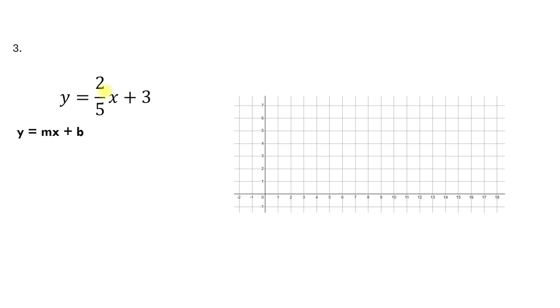Here we're given y equals 2/5 x plus 3. Using our y equals mx plus b formula, our b value is 3. So we can plot that, put that right as the y-intercept.